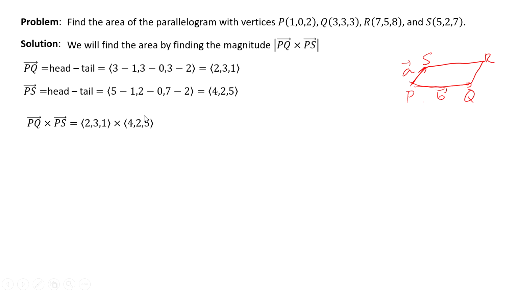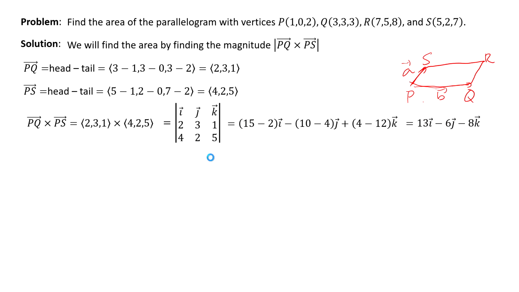So compute the cross product. Straightforward IJK stuff. I times the submatrix. 5 times 3 is 15, 15 minus 2, that's what I wrote. Minus J times 2 times 5 minus 4 times 1. Plus K times 2 times 2 minus 4 times 3. Ta-da! And we do not get the magnitude.